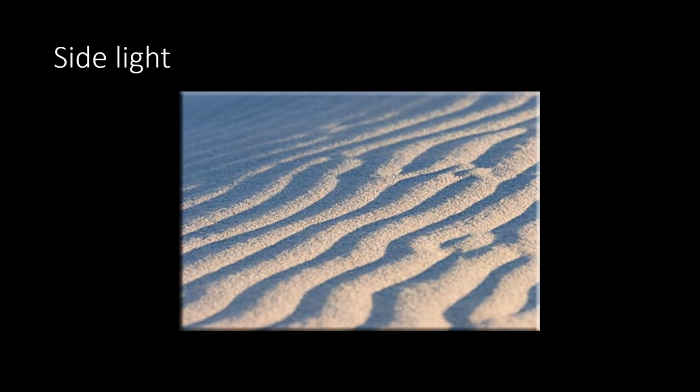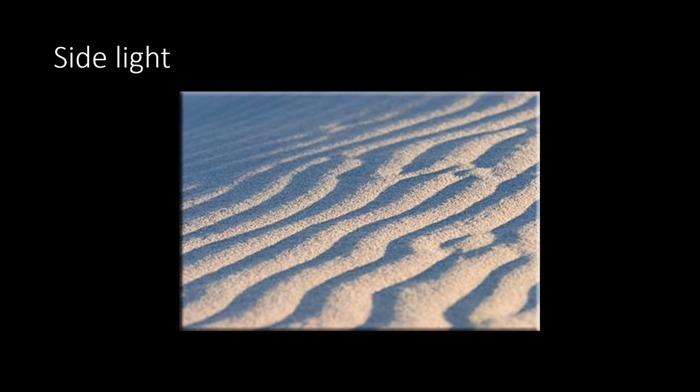Many photographers love side light, and side light is when you're aiming your camera at an object and you check for the sun and you realize that the sun is kind of in line with your shoulders. It's at a 90-degree angle to your subject matter.